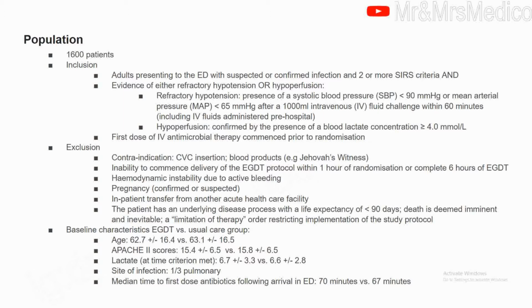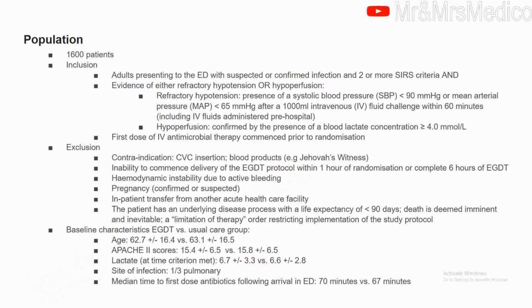Refractory hypotension: systolic blood pressure less than 90 mmHg or mean arterial pressure less than 65 mmHg after a 1000 ml intravenous fluid challenge within 60 minutes, including IV fluids administered pre-hospital. Hypoperfusion: confirmed by a blood lactate concentration of more than 4 mmol/L.